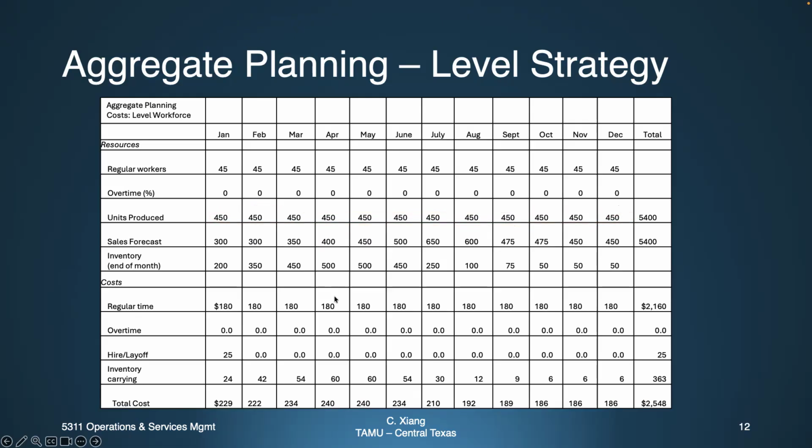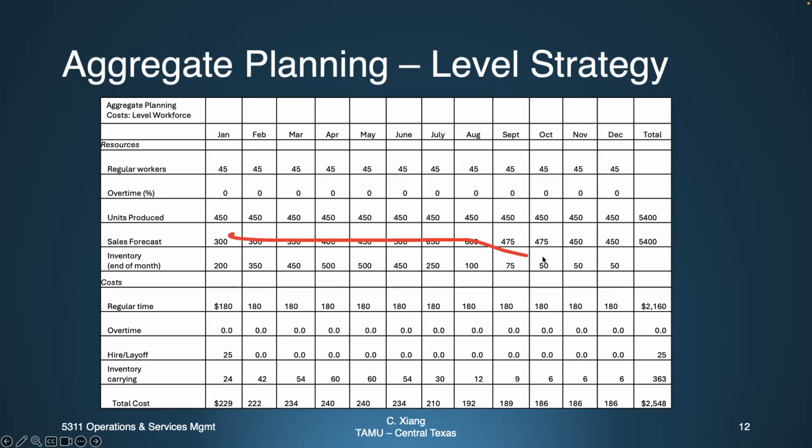Stable. Okay. If each worker produces 10 units, translating into 10 units of capacity, then this translates into a stable workforce of 45 people. All right. And producing at a steady rate of 10 units per worker per month and no overtime, no workforce change.